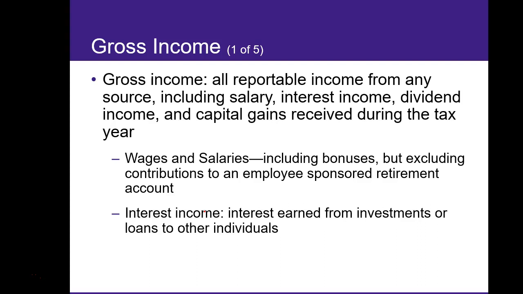So when it comes to gross income, we're asking what should be included in my gross income. It's going to be all reportable income: salaries, interest income, dividend income, capital gains from your investments. If you're self-employed, your self-employed income. Pretty much any income that you earn from any source should be included as gross income on your tax return.